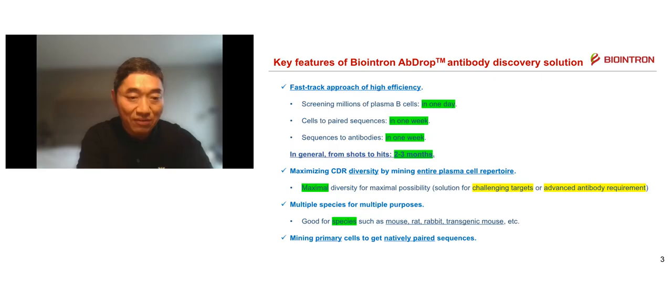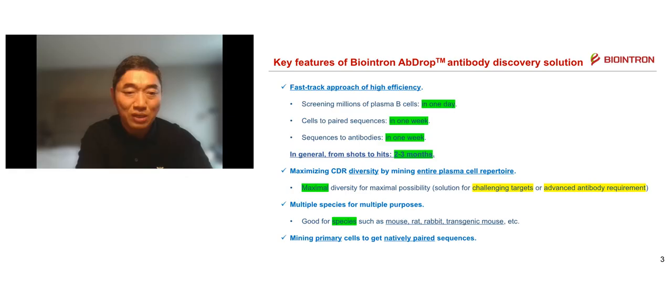With these CDR sequences of good diversity, we have a lot of antibodies to choose from, to compare, to get positive controls, negative controls, and do many functional screenings, affinity analysis, and more. But with hybridoma, you just get a limited number of hits. You will not get a chance to do so many things.